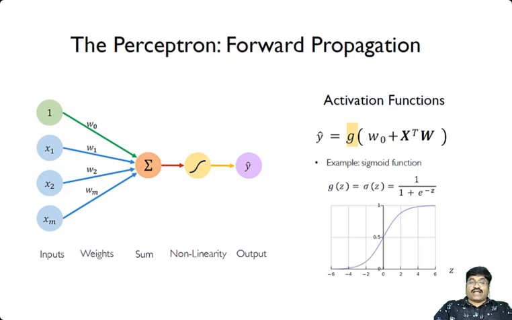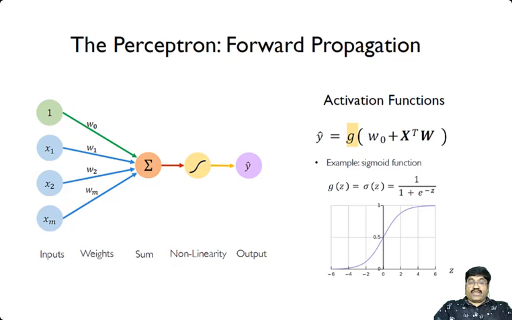One thing to note is that this function takes any real number as input on the x-axis, and it transforms that real number into a scalar output between 0 and 1. It's a bounded output between 0 and 1. So one very common use case of the sigmoid function is when you are dealing with probabilities, because probabilities have to also be bounded between 0 and 1. So sigmoids are really useful when you want to output a single number and represent that number as a probability distribution.